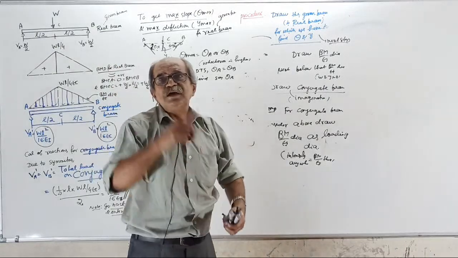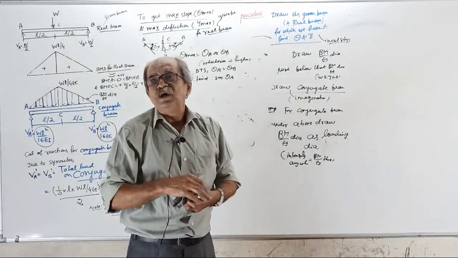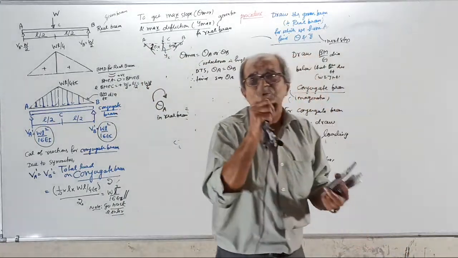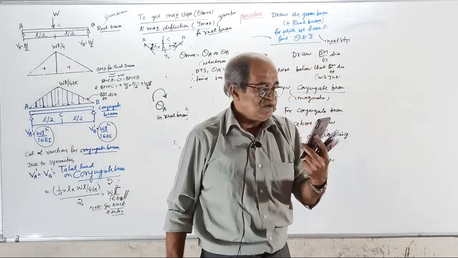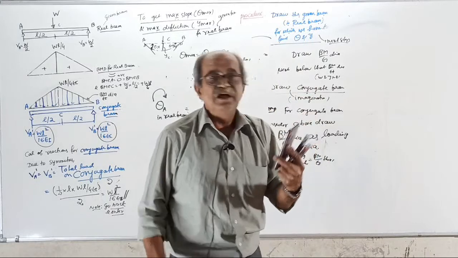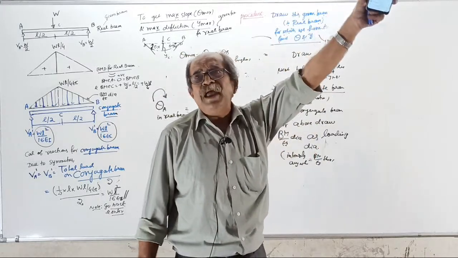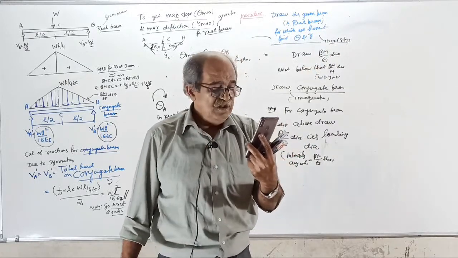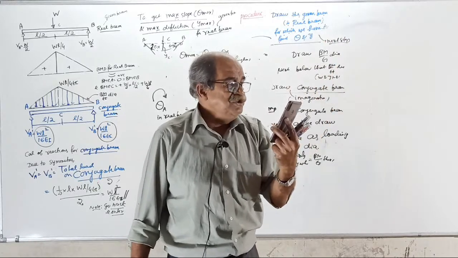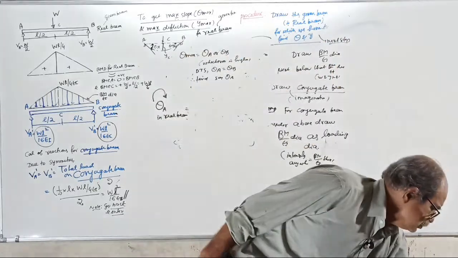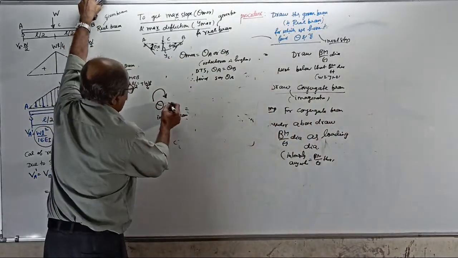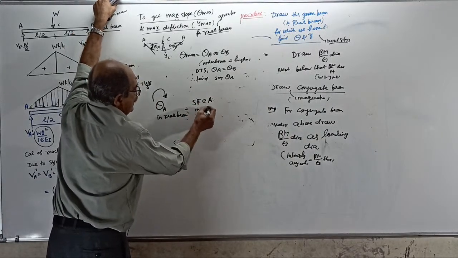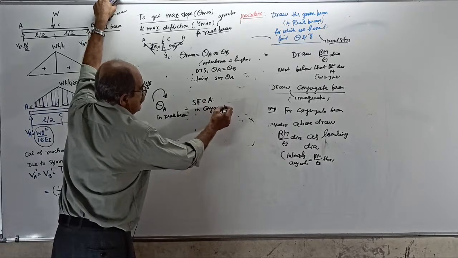Now onwards, in the real beam, if you want slope, in the conjugate beam find shear force. If you want deflection for the real beam, then in the conjugate beam find bending moment. That's all. So, theta A clockwise in the real beam equals the shear force at A in the conjugate beam.